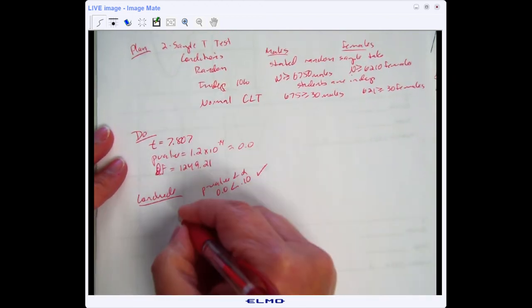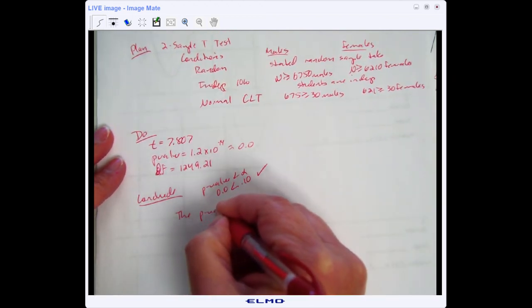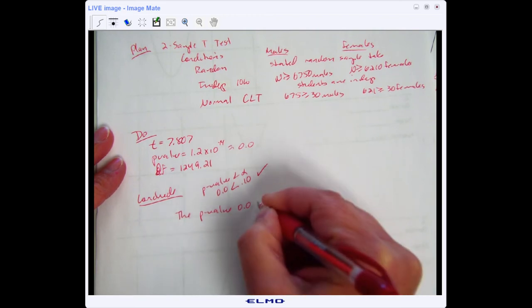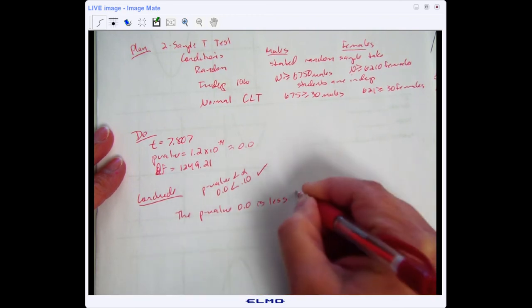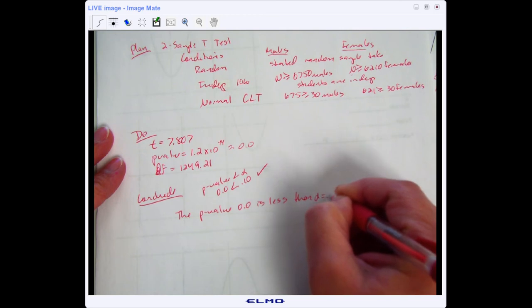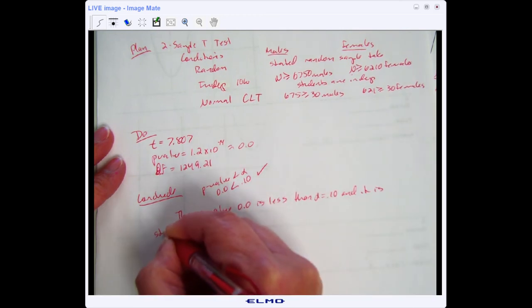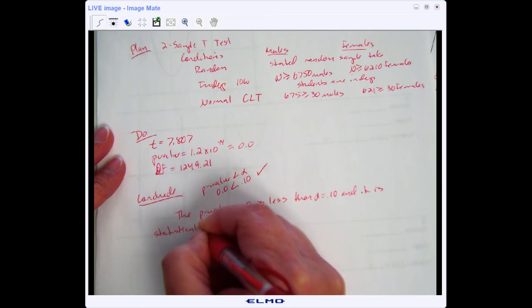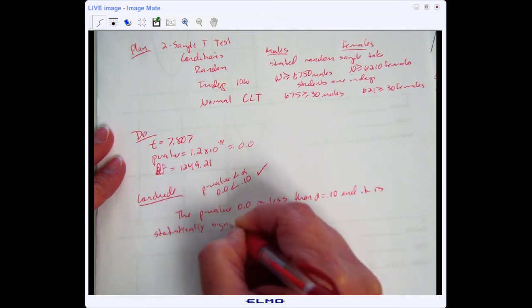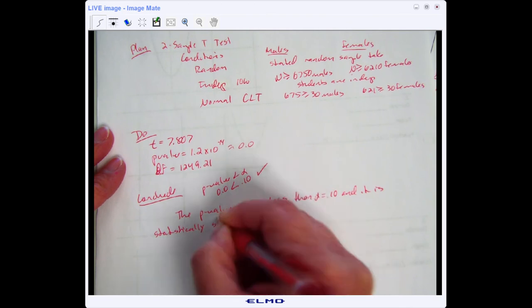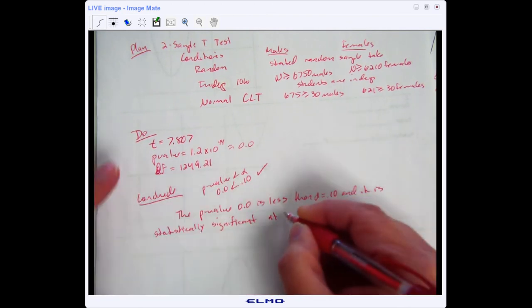So my conclusion will be: the p-value of 0.0 is less than alpha, and it is statistically significant at the 10% alpha level.